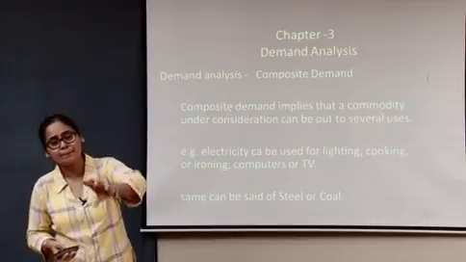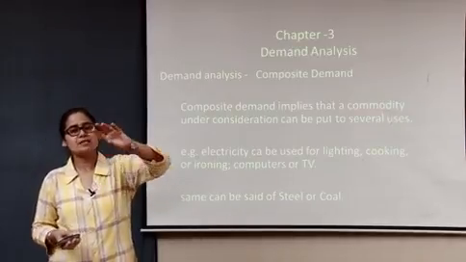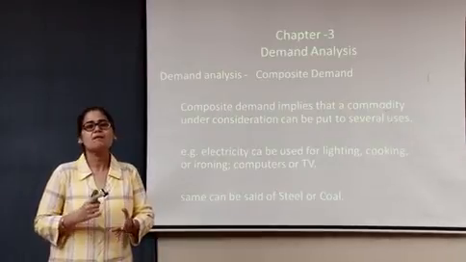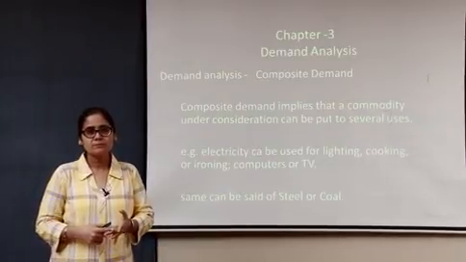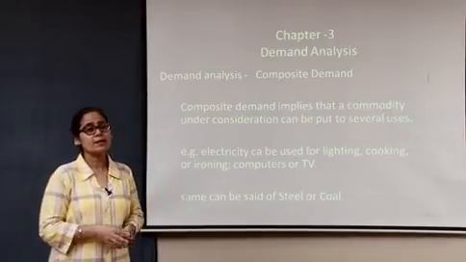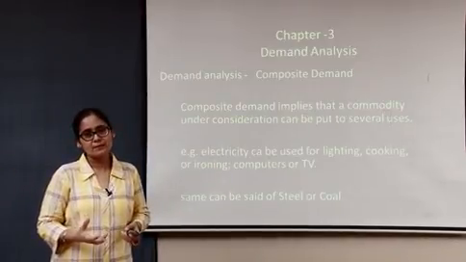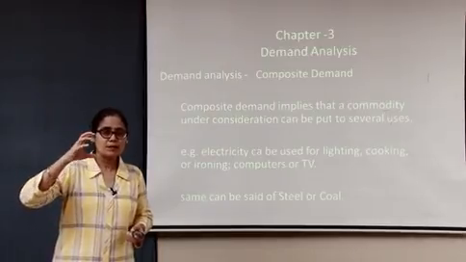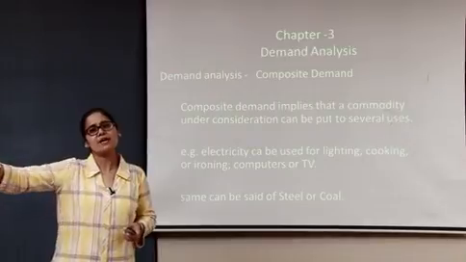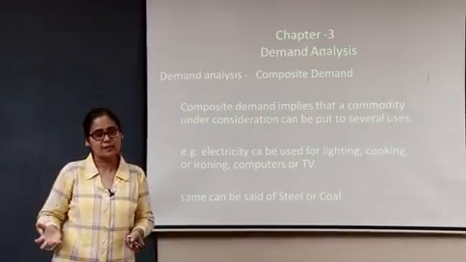Then we say that that particular product has a composite demand. Water, steel, rubber, yes, it has alternative uses. So this will come under composite demand. So that a particular material or resource which can be suitably demanded by various segments in the market.